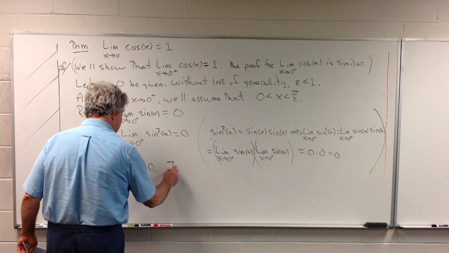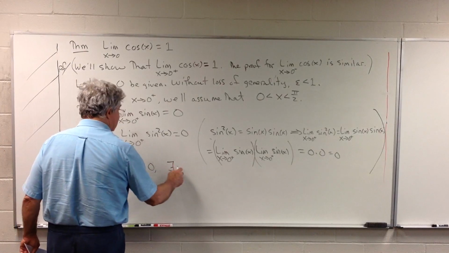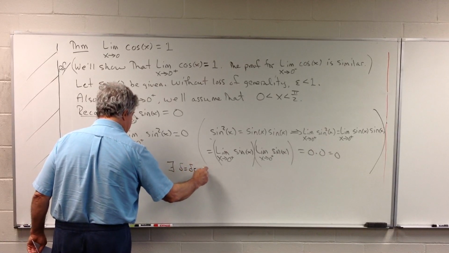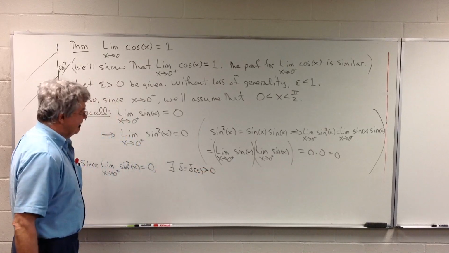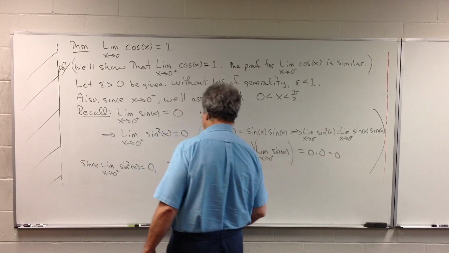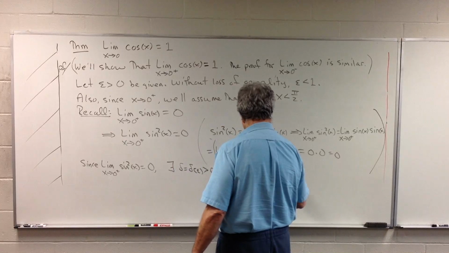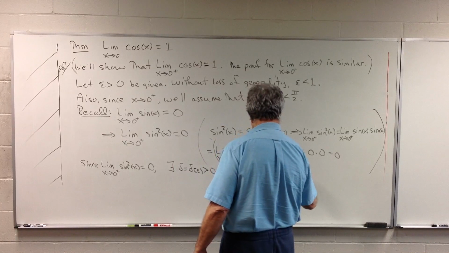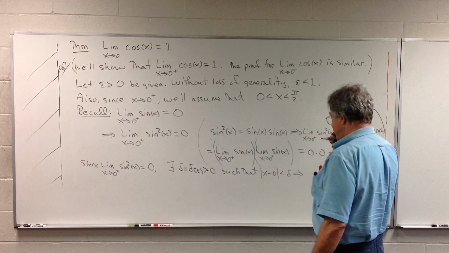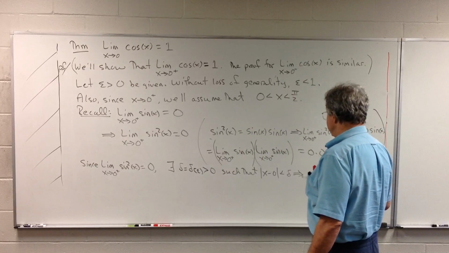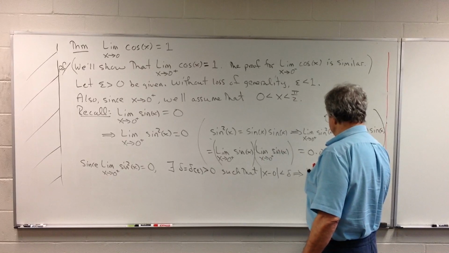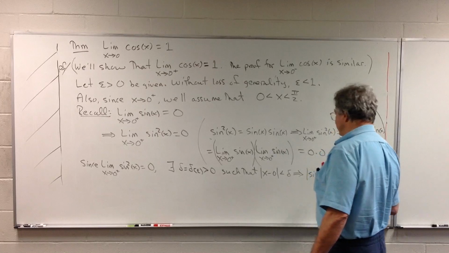It means that there exists a delta such that x minus 0 less than delta implies that sine squared x minus 0 is less than epsilon.